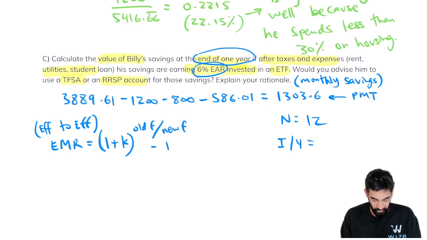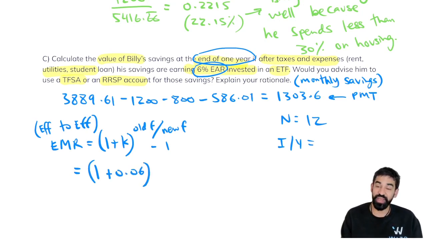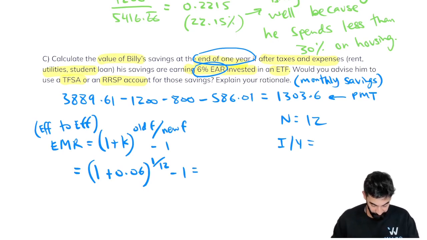minus 1. So in this case, first of all, it's 1 plus 0.06 because 6%. Old F, it's effective annual, so that means it's 1 payment per year. Over the new F, I want to find monthly, so that's 12, and then minus 1. Remember to use brackets to the power of 1 over 12, then close brackets.